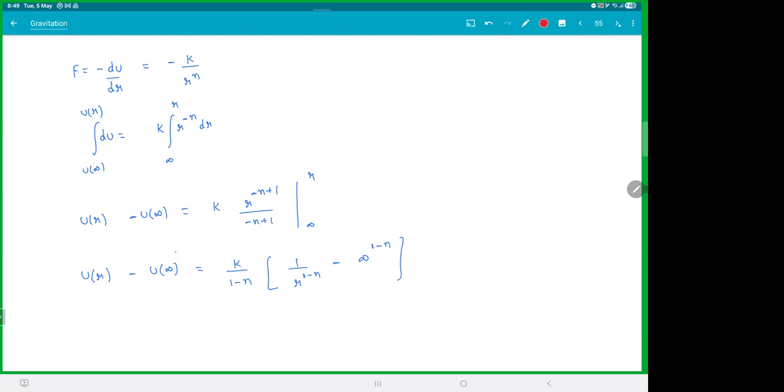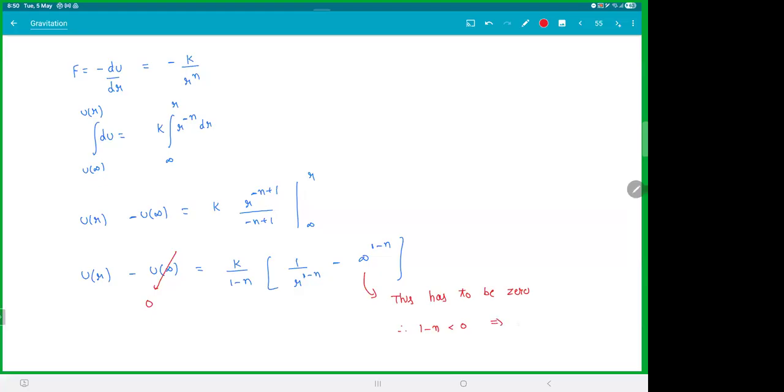We want this term to be 0 because this is our reference. Now this has to be 0, okay? And if that has to be 0, that infinity to the power, therefore 1 minus n must definitely be less than 0. Do you agree with that? That infinity to the power, whatever that number is, must be less than 0.